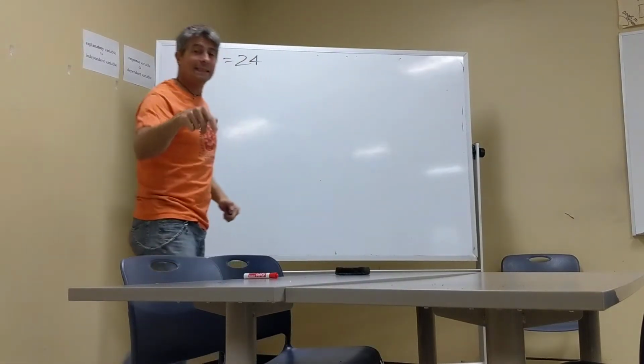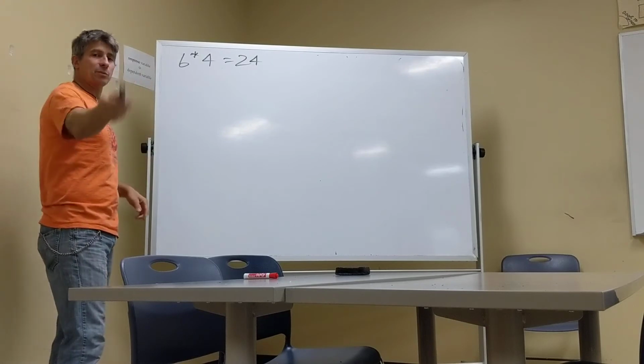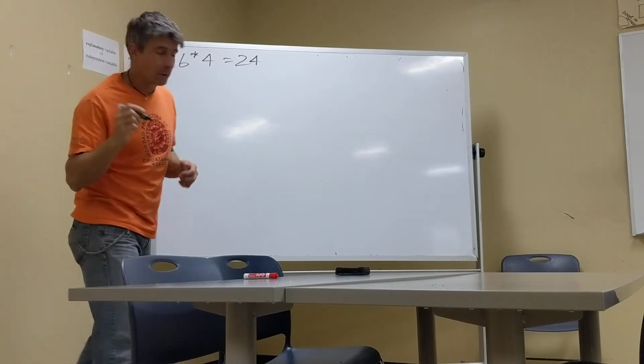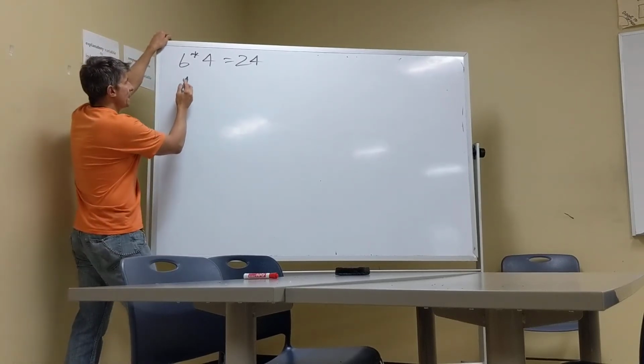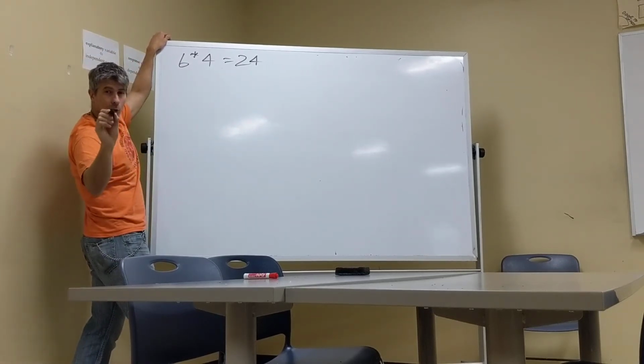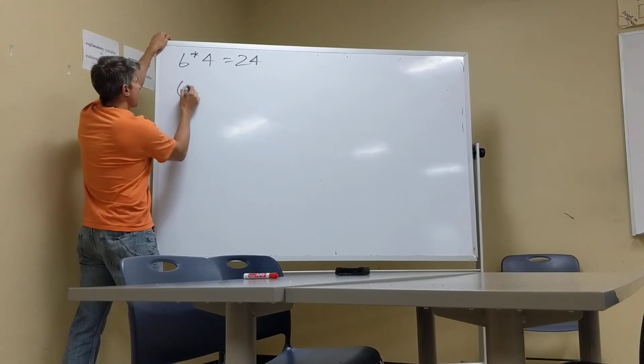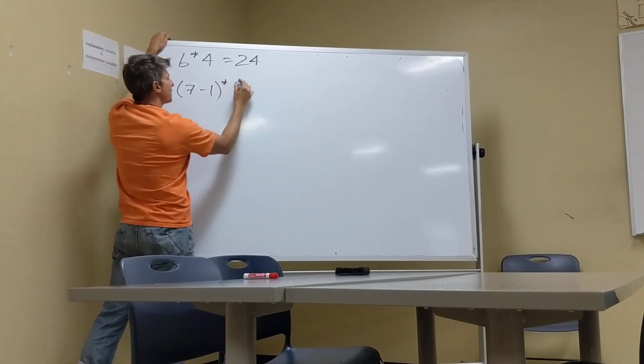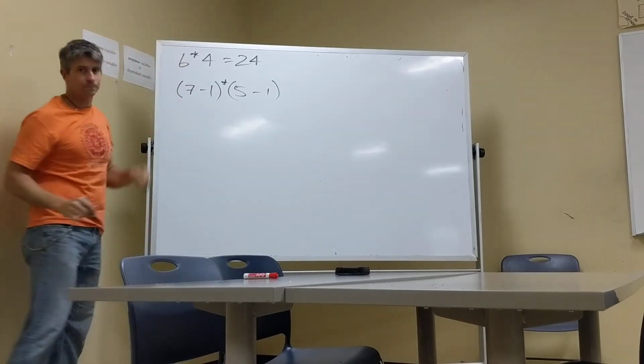is I want you to complete these problems for me. And this is going to be our journal discussion this week. Okay. So instead of writing it as 6 times 4, we're going to write it as 7 minus 1 times 5 minus 1.